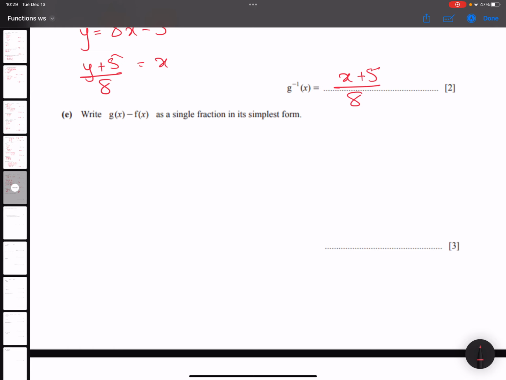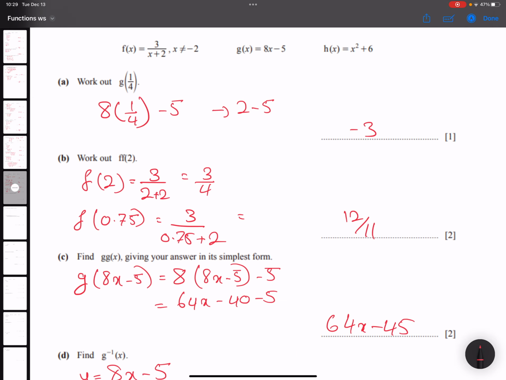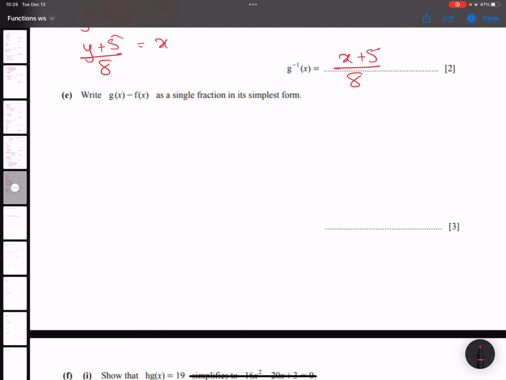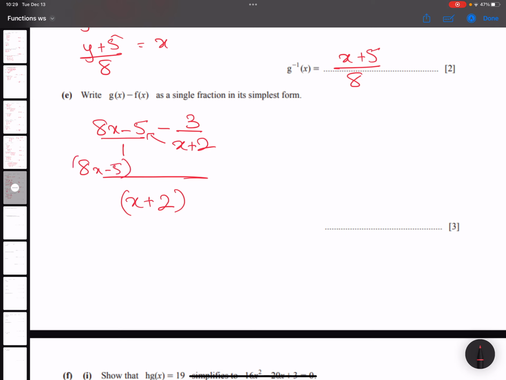g of x minus f of x, so g of x is 8x minus 5, f of x is 3 over x plus 2. So 8x minus 5 minus 3 over x plus 2. Write as a single fraction. So the common denominator is x plus 2. 8x minus 5 times x plus 2 minus 1 times 3 is just a 3.